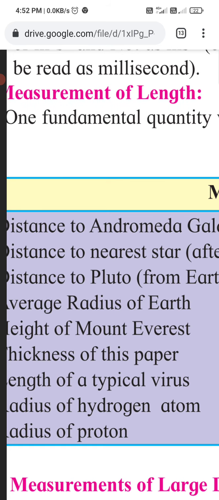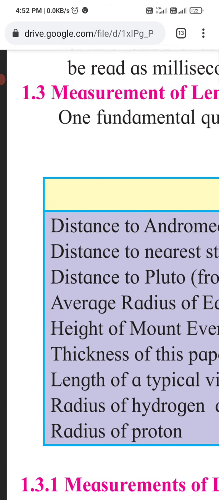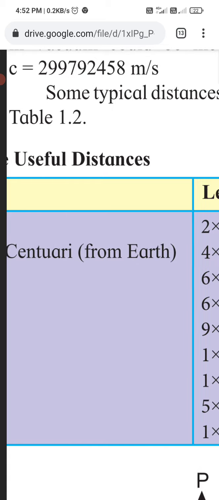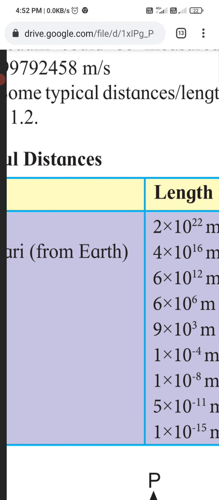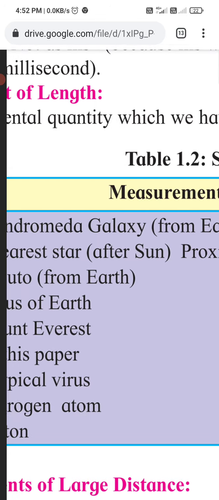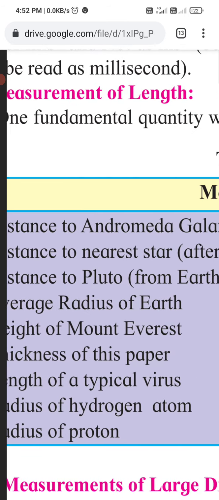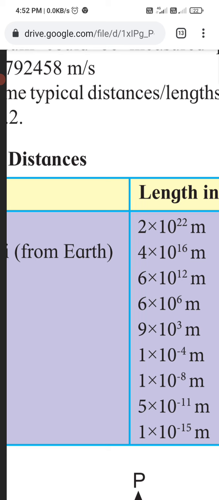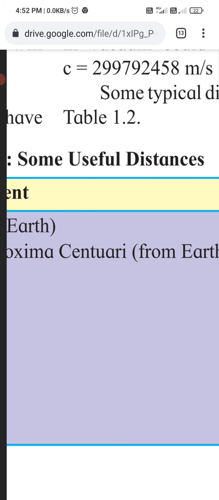Height of Mount Everest, not weight but height, is 9 × 10^3 meter. Thickness of this paper is 1 × 10^-4 meter.